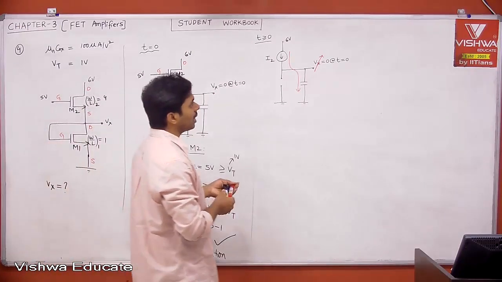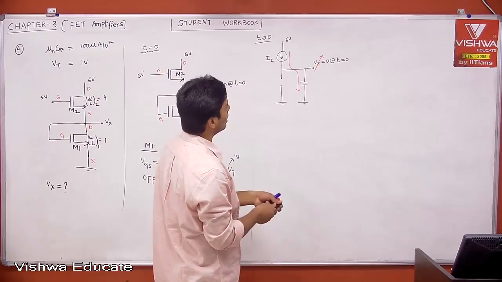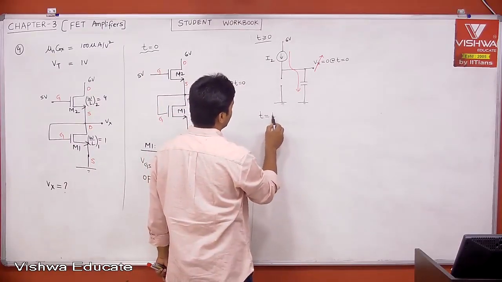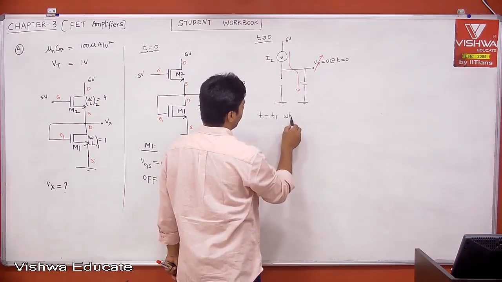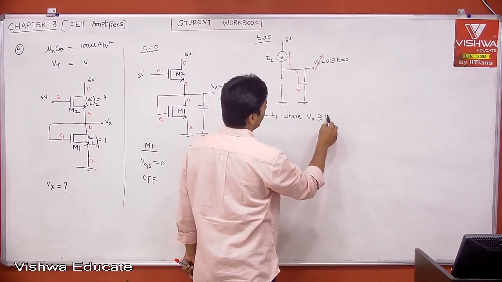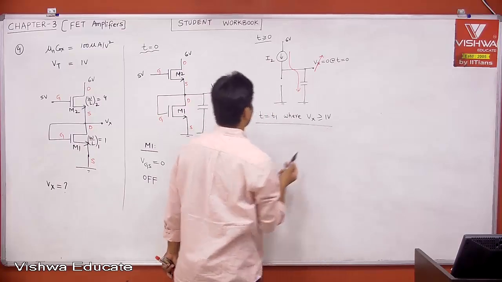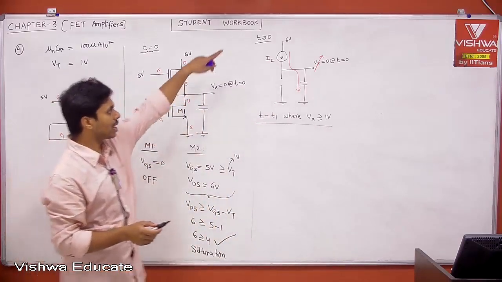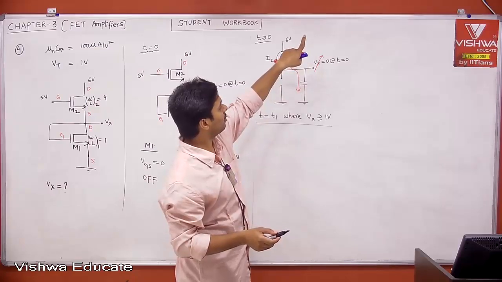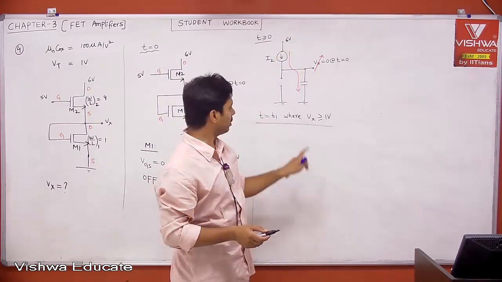Then what I am saying is, at a particular time, maybe at t equal to t1, your Vx will be greater than or equal to 1 volt. Because your capacitor is charging, the voltage is increasing. At a particular time, Vx will cross 1 volt.